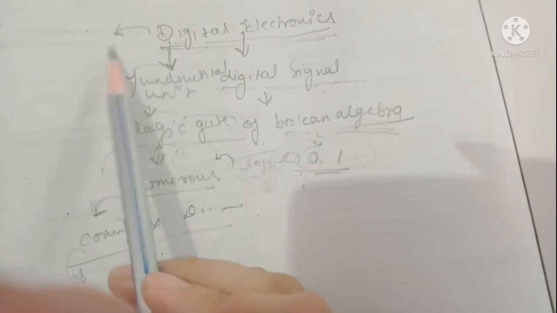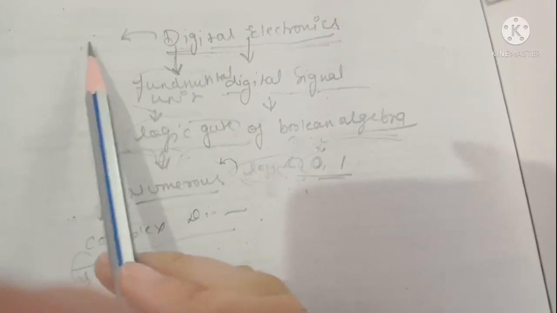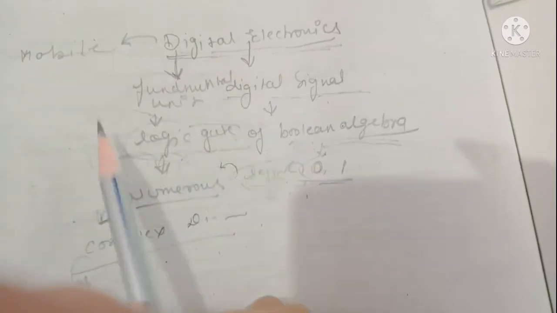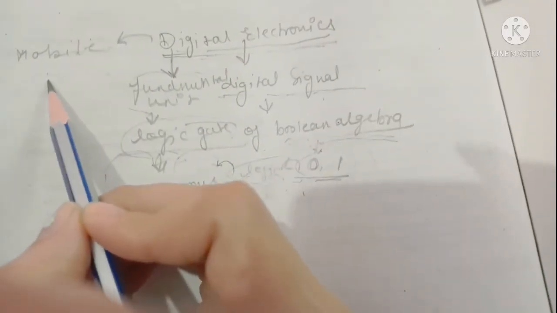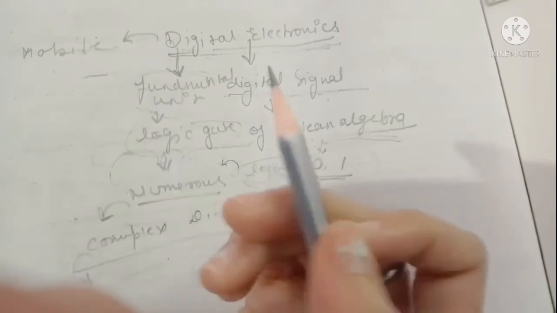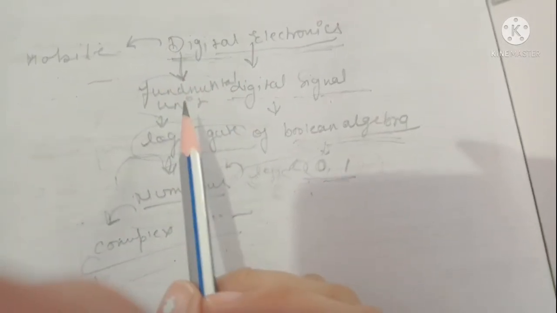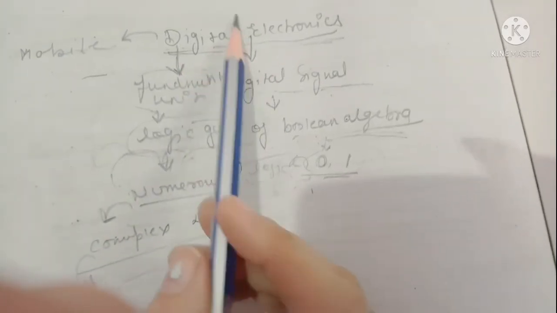It is the base of all mobile and computer systems, and numerous other consumer products also. Of course, if there is no digital electronics, there is no logic gate.